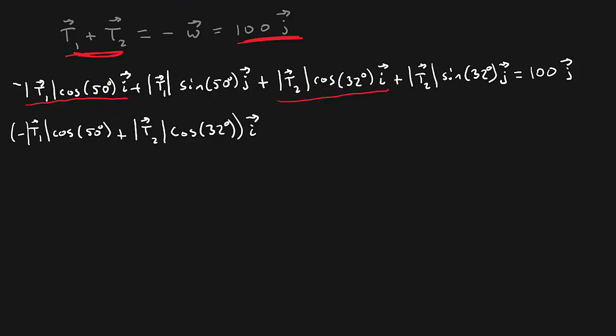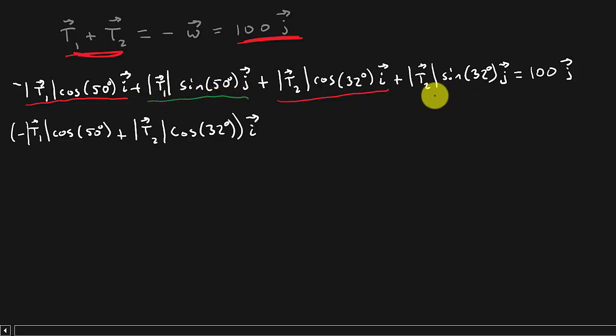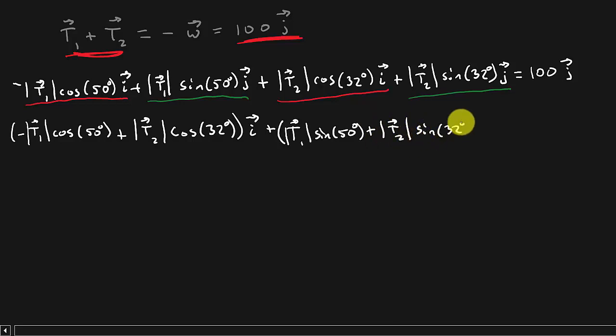And now I'm going to put the J's together. So that's going to be plus T1 times sine 50 plus T2 times sine 32, and that's times vector J, and that equals 100 times J.